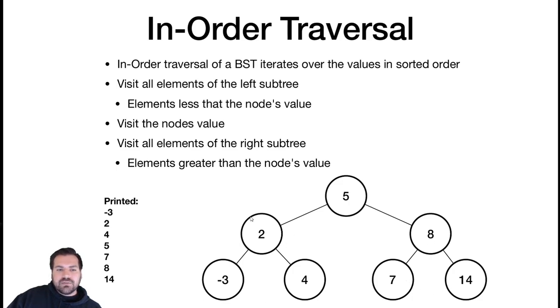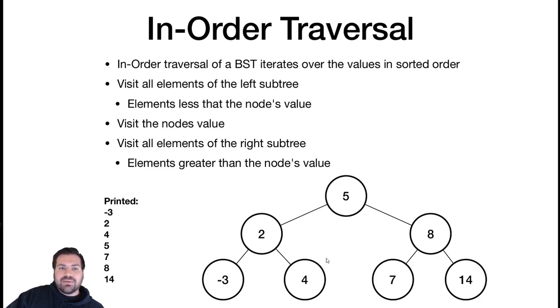So if we print all these values, then print this value, then print all these values, we're going to maintain that sorted order. In my example I was pointing to the root, but since this property is true for every node, we're going to print the left subtree, all the values that are less than, then this value, then the right subtree, all the values that are greater than.